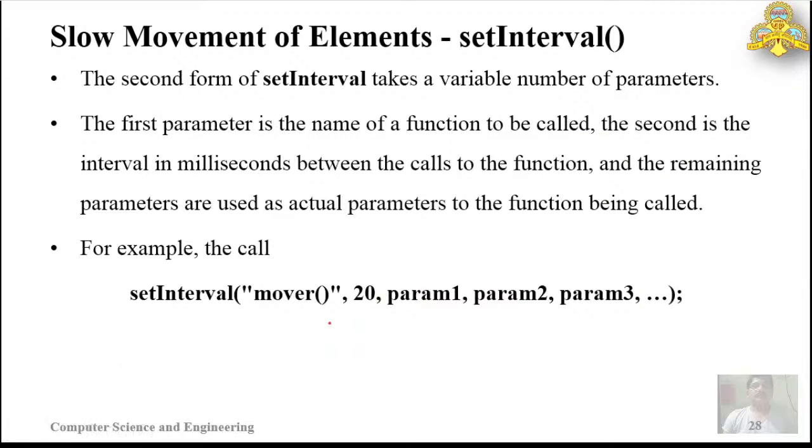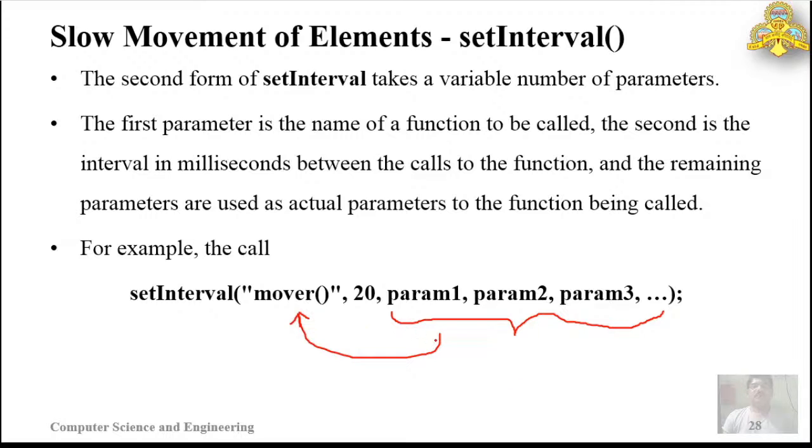In the second format, along with the first parameter and the second parameter, additional parameters are given, and it is a variable number of parameters. It need not be only one or two. It can be many. So additional parameters can be passed to the mover function that is specified here.